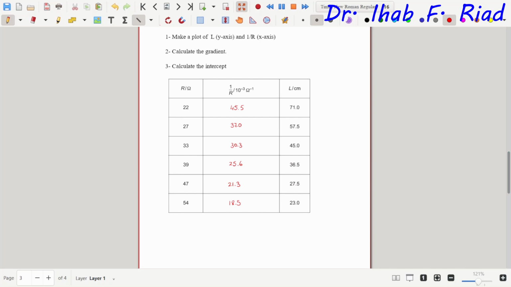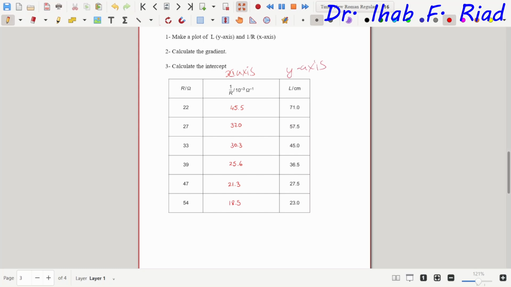We were asked to make a straight line representation from R, 1 over R and L. We are representing 1 over R on the x-axis and L on the y-axis. So we are going to say that this is the x-axis and this is the y-axis.